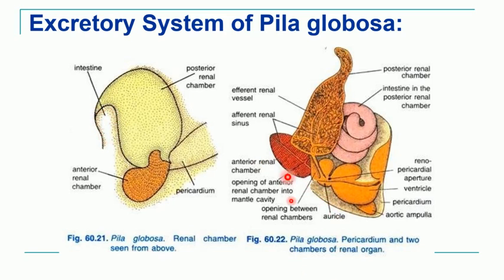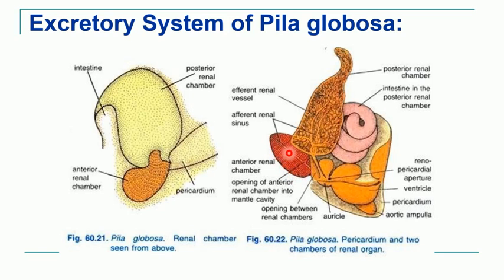Now this is a clearer view of this excretory system. In this diagram you can see this wedge shaped structure. This is the posterior renal chamber. You will see a lot of branches of blood veins supplying it, so it is richly supplied with blood. Now this smaller leaf-like structure here is nothing but the anterior renal chamber.